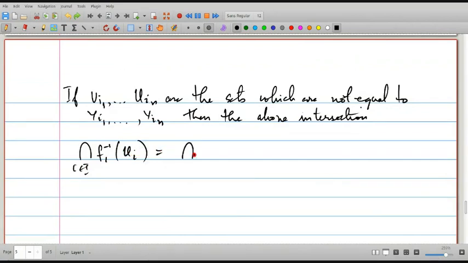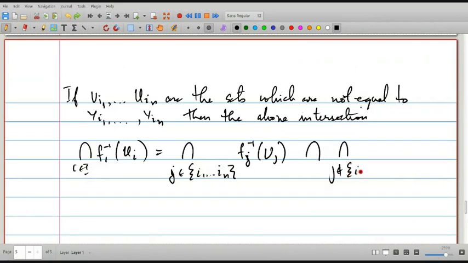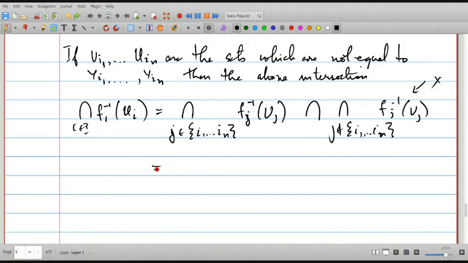So this we can write as the intersection over j in i1 up to in of f_j inverse of U_j, intersected with the intersection over j not in i1 up to in of f_j inverse of U_j. But each of these is equal to X, so this just becomes equal to the intersection over j in i1 up to in of f_j inverse of U_j.